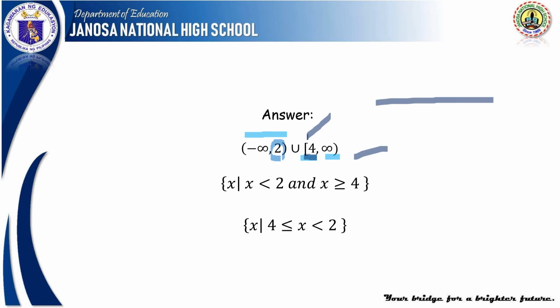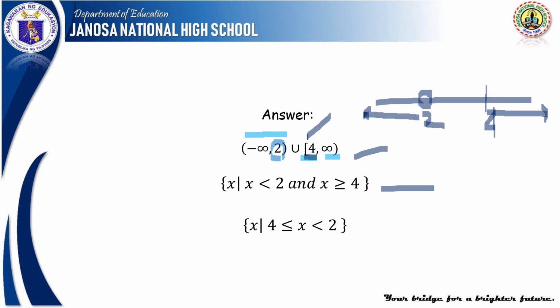So, sa ating interval notation, lalabas lamang naman dito na kung ito yung number line natin, ang solution set natin ay lahat ng mababa sa 2. Kasama ang simula 4 pataas. So for this one, ganun din naman ang labas.